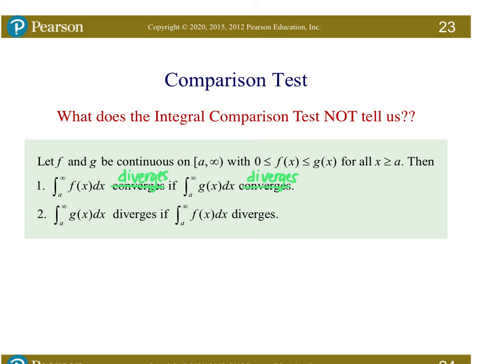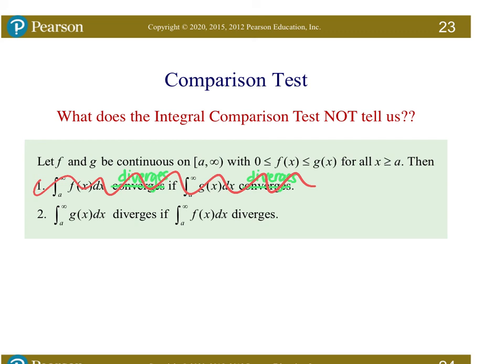In other words, if the larger one diverged, that doesn't tell you anything about the smaller one. A larger one growing without bound just means it's growing without bound. The smaller one might converge. It might not, but there's nothing conclusive you can reach from that. So that is false if we try and switch that.